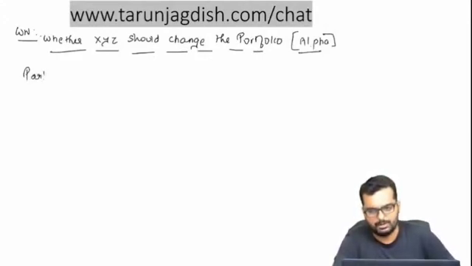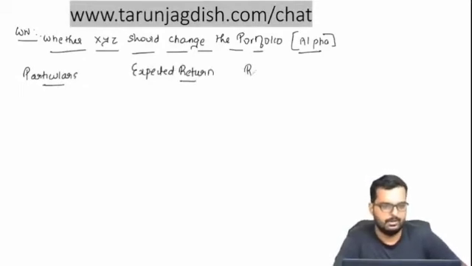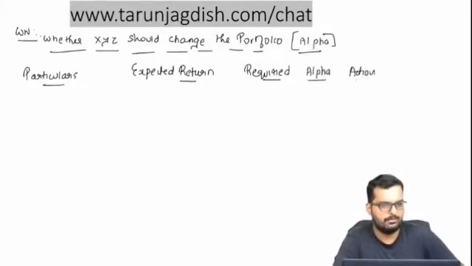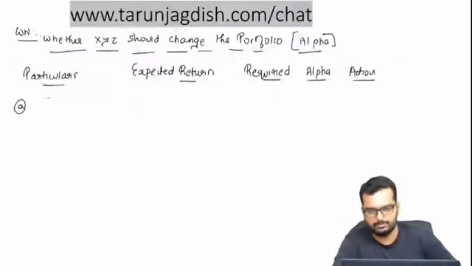So draw a table now: particulars, expected return, and the second one, required return, then alpha, and from this alpha you should take the action. Okay, so for example, what is the first security that we are having over here? Is it investment number one?